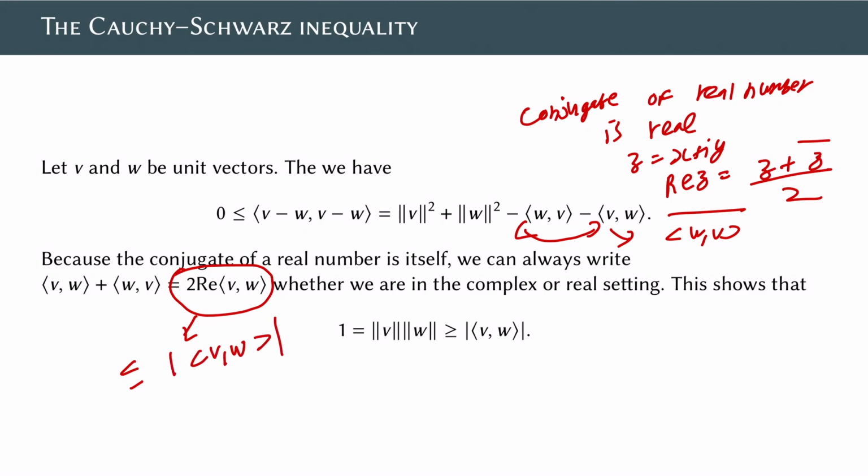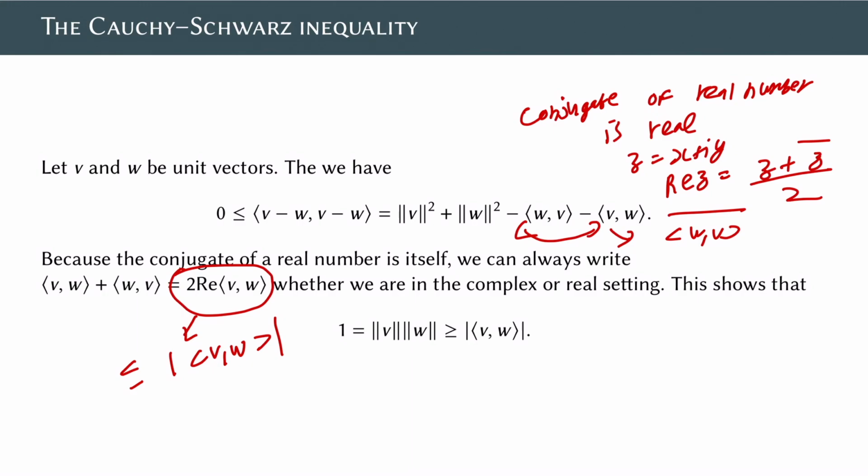Correct? This is applicable both in the real setting as well as the complex setting. So the net upshot is, because we considered unit vectors, both of these quantities, norm v squared and norm w squared, will be 1. This will combine together to get twice the real part of ⟨v, w⟩, which is less than or equal to the absolute value of the inner product ⟨v, w⟩.